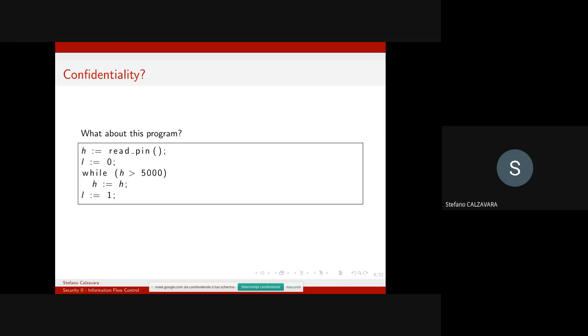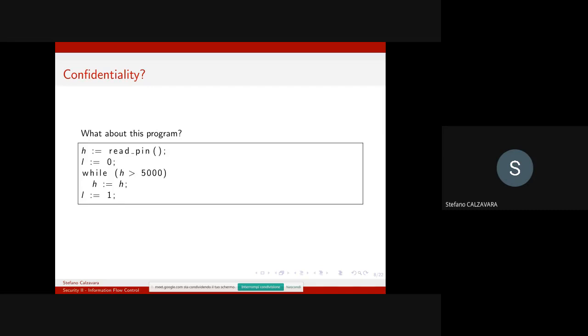In the end, the variable l is set to 1. Oh, there is an infinite loop. Okay. If instead my pin is 9000, this program will loop forever, and the variable l will be stuck at 0. So I am actually able to tell some information about the pin.